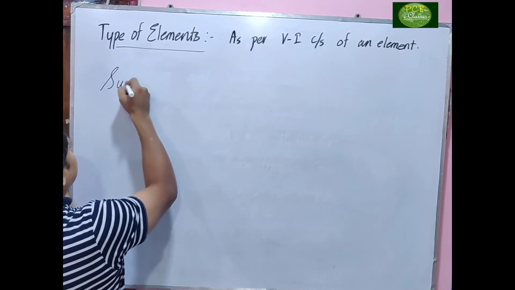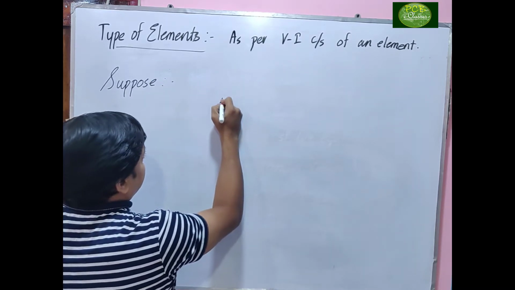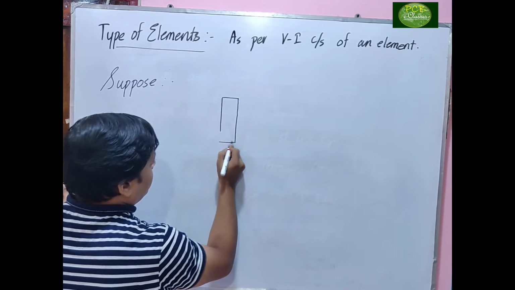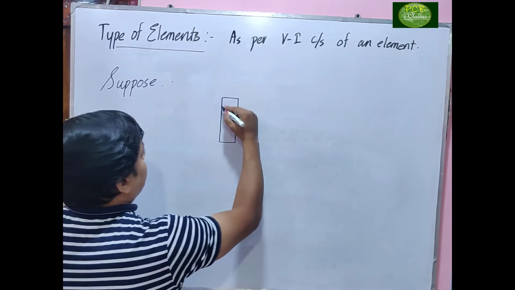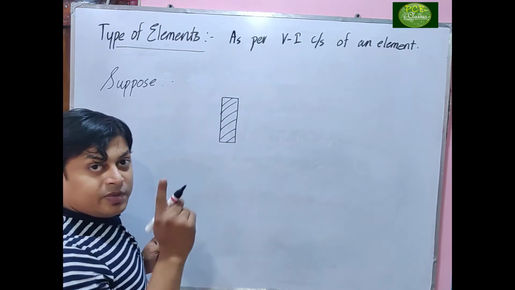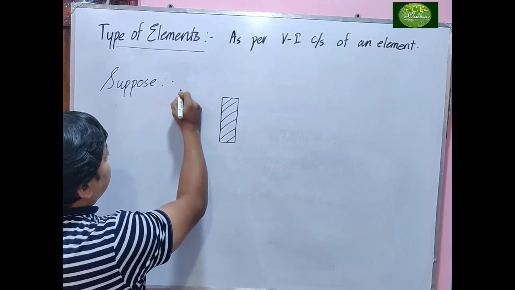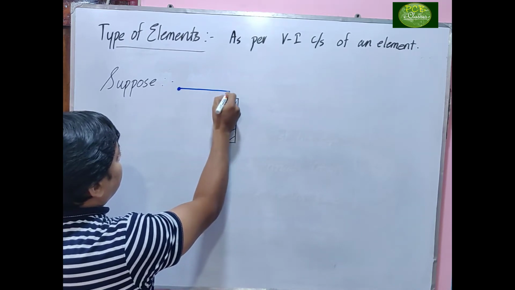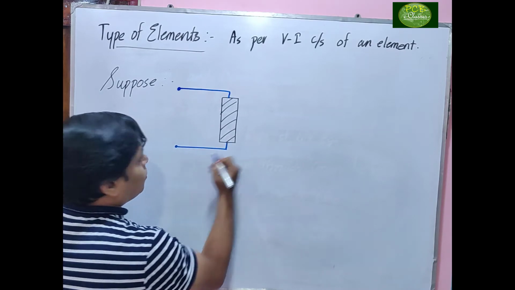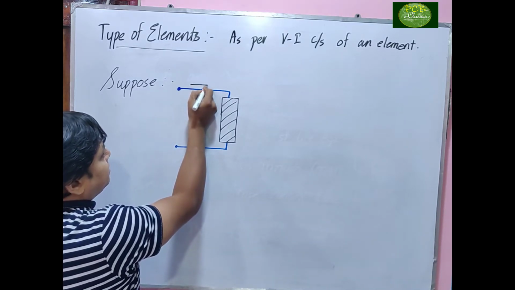Suppose I have taken an element, this is the element what I have taken. Fine. Element means what? It must have two terminals. So it is having two terminals. I am saying that a current I is traveling in this direction.